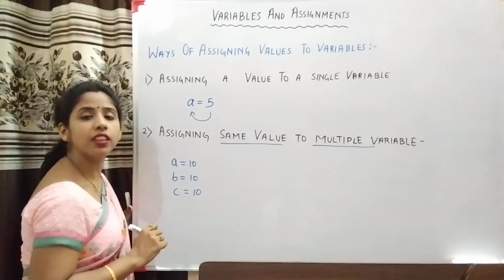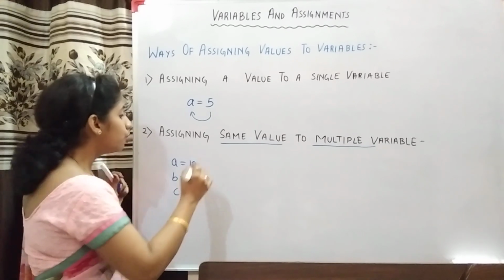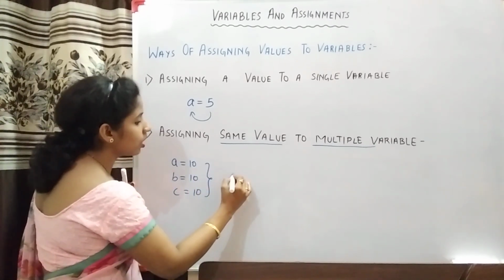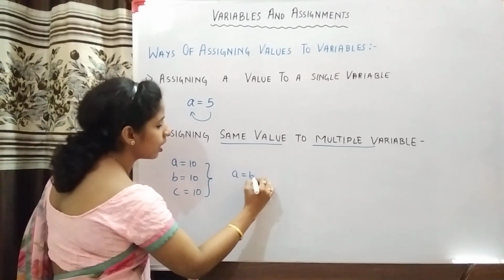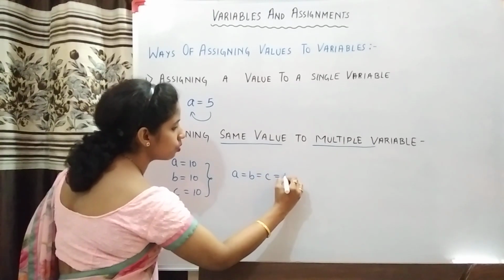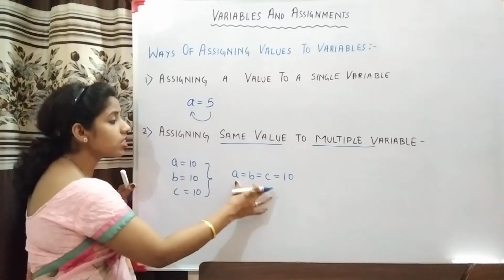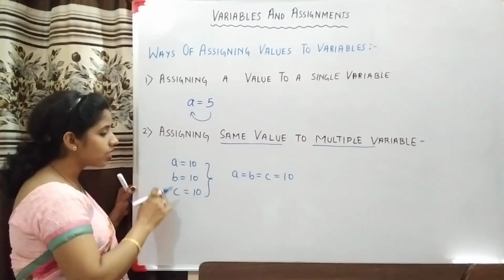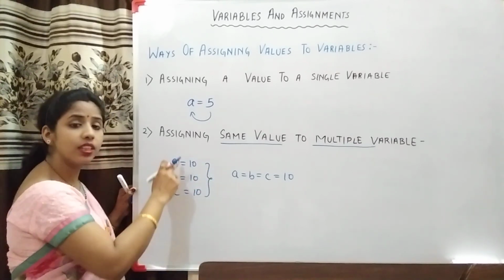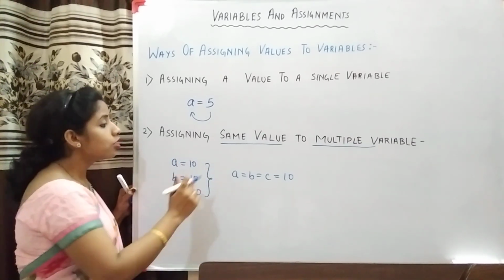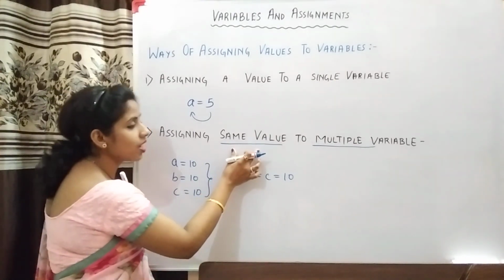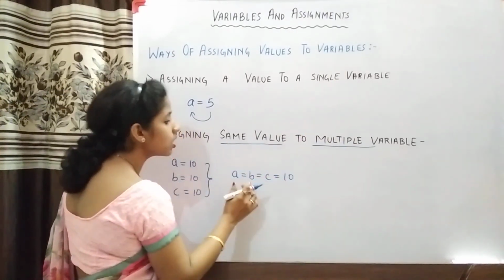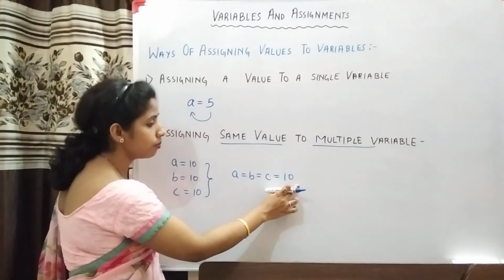Okay, but in Python you have the liberty to do all this work in a single line by writing a is equal to b is equal to c is equal to 10. So this line will do exactly the same work which is happening in these three lines. Okay, so you can assign same value to multiple variables with the help of this kind of a statement.